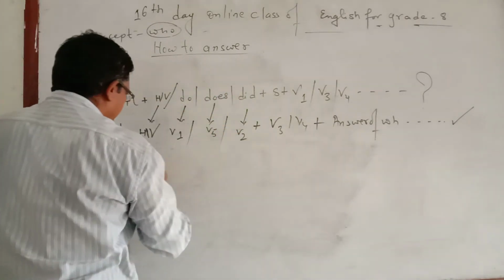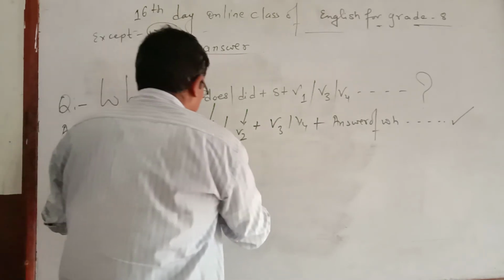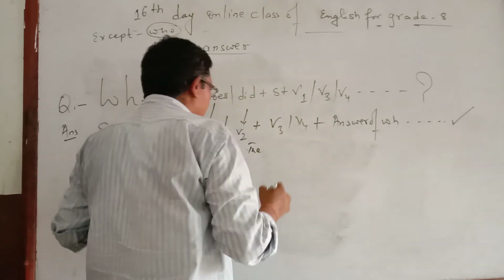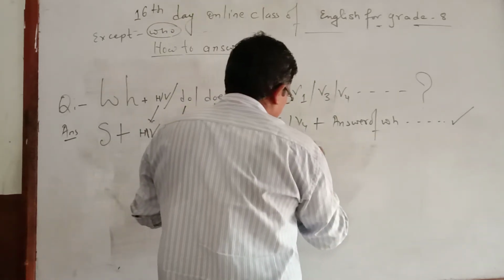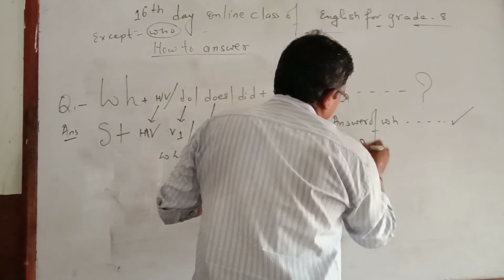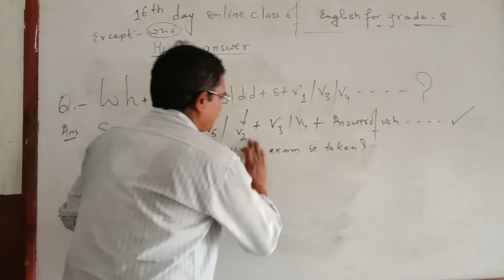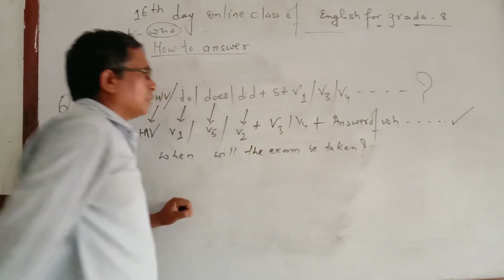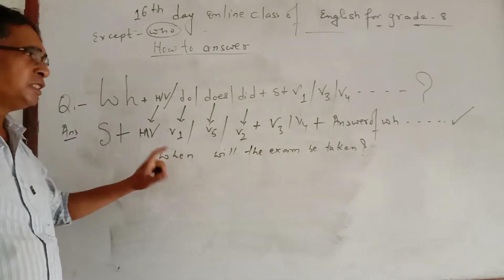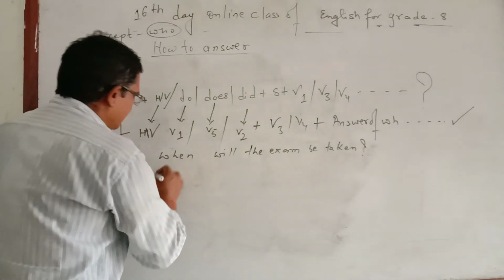Another question is: when will the exam be taken? Here is WH. When means kahile, it needs the time. So you bring the subject first. The subject is the exam.